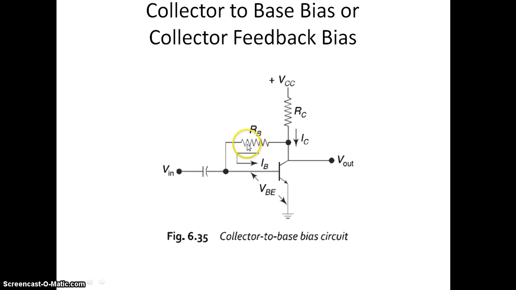Here we took the base resistor from the collector. So there exists feedback from collector to base, so it is called collector to base bias or collector feedback bias. Previously, in the emitter bias there exists an emitter resistor which provides a feedback. Here we have taken a collector resistor in collector to base bias.